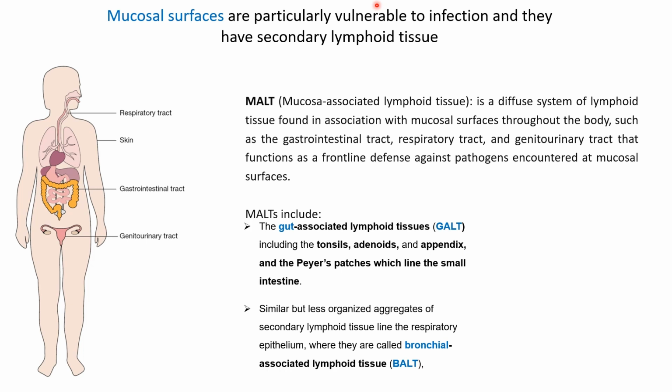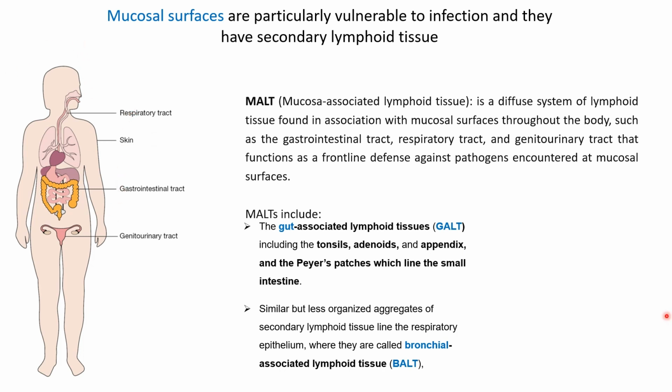Now we come to unencapsulated lymphoid tissue. And this is the mucosal associated lymphoid tissue, also called MALT for short. And the concept here is that the main site of initial infection comes through the skin and the mucosal surfaces.